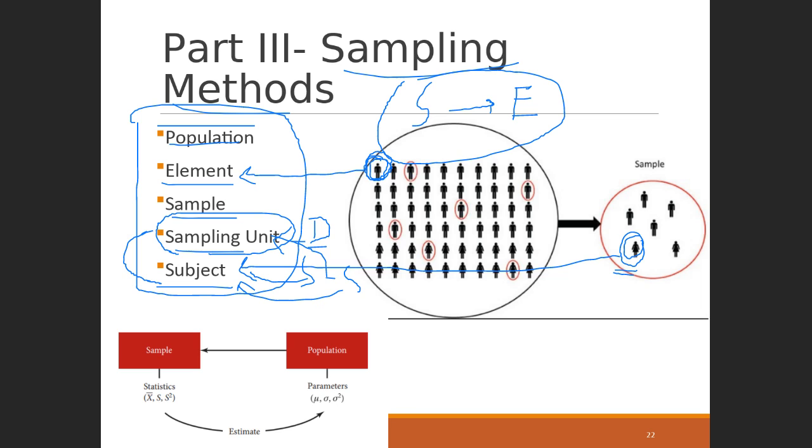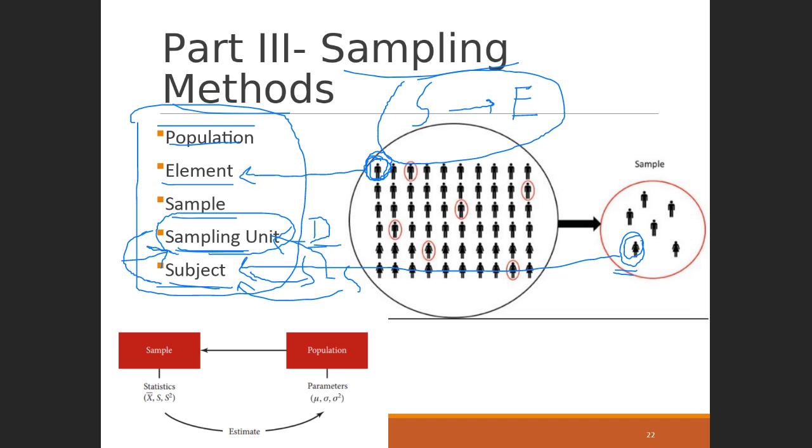So basically, a sampling unit refers to the singular value upon which you are basing your analysis. It is more concerned with the aggregate level of your analysis. So a sampling unit is more about the aggregation of your analysis, and a subject is the member of the sample.